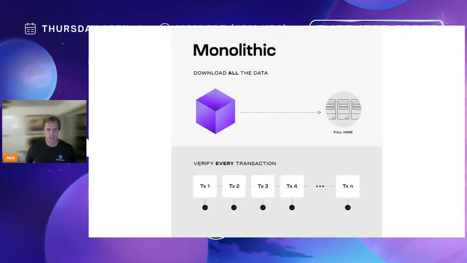Now, the problem with that is that if you have to verify every single transaction that happens on the chain, then as the number of transactions increases, the amount of work you have to do to run your node and to verify the chain as a participant in that system increases proportionally.